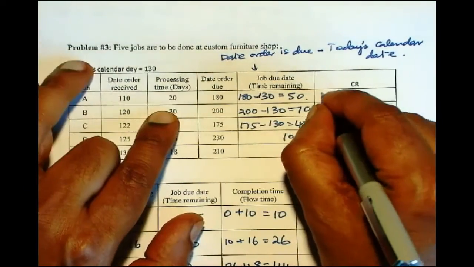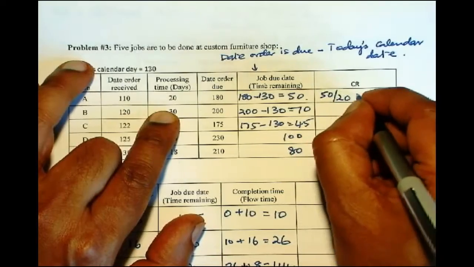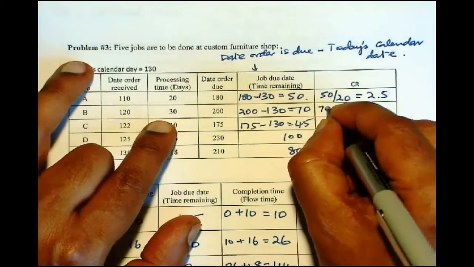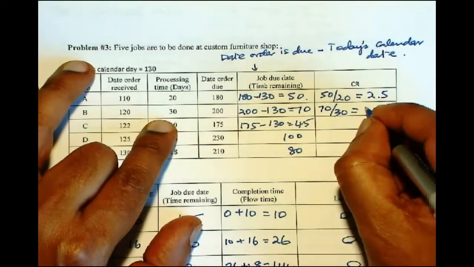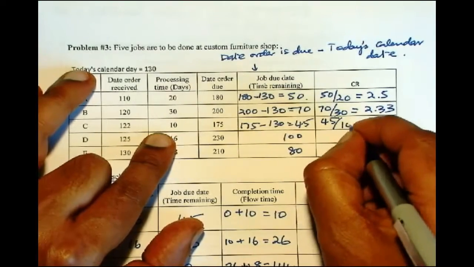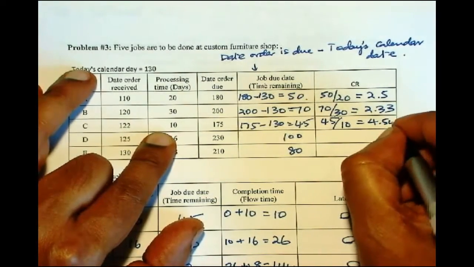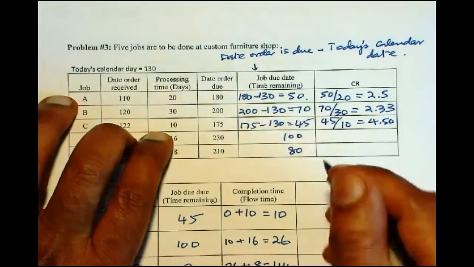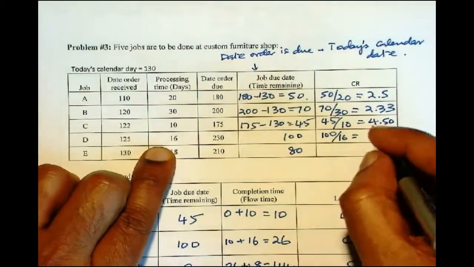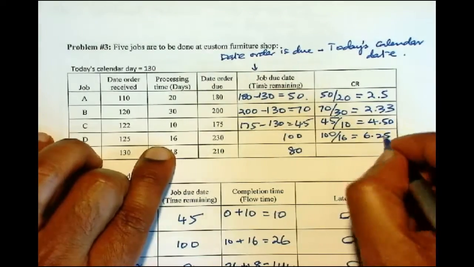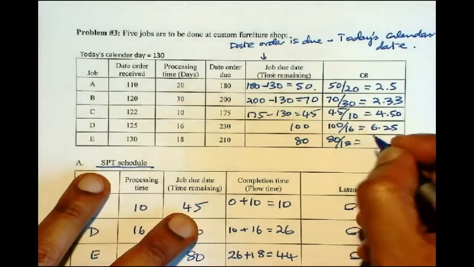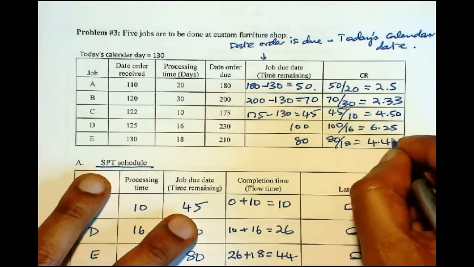So this will be 50 over 20, so gives you 2.5, and then 70 over 30 gives you 2.33, 45 over 10 gives you 4.5, then 100 over 16 gives you 6.25, then 80 over 18 gives you 4.44.